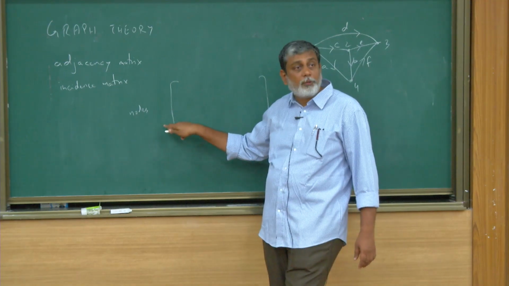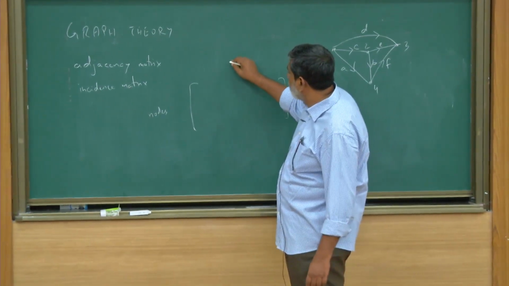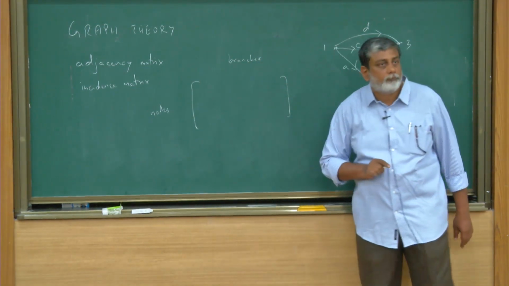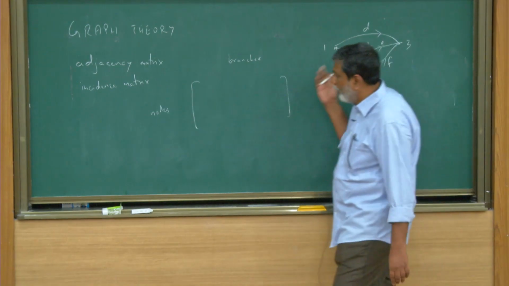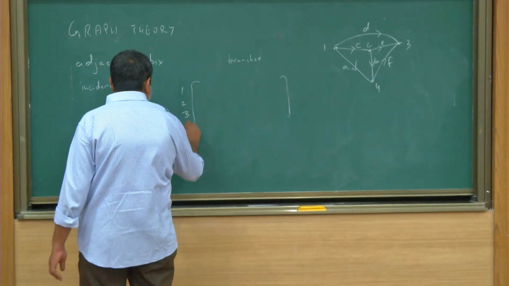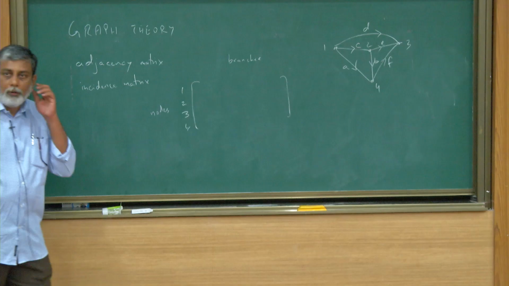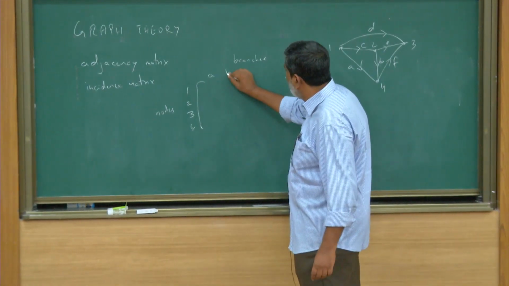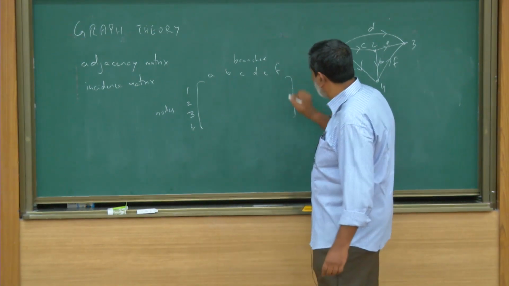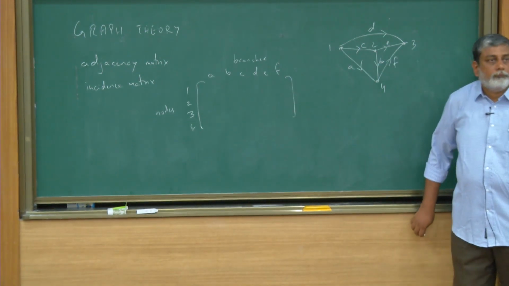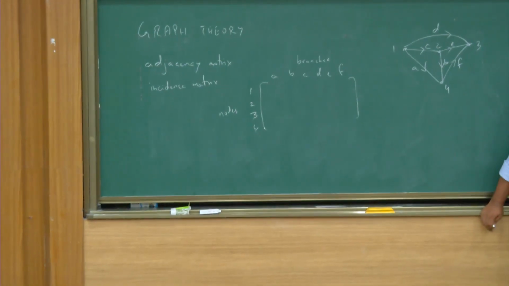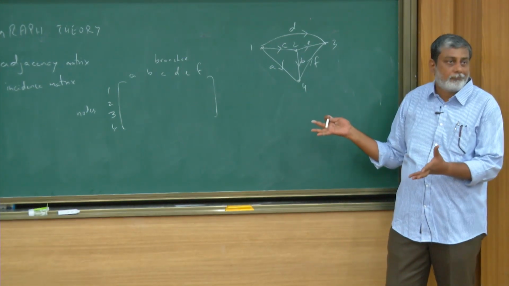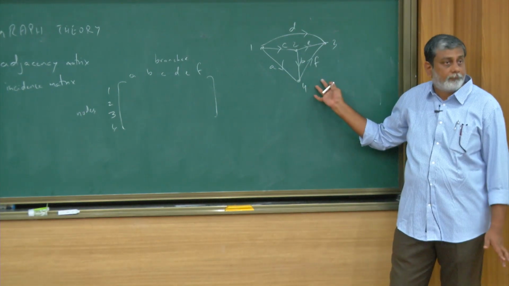The rows correspond to nodes, and the columns correspond to branches. We have 4 nodes, 1, 2, 3, 4, and we have 6 branches which we have labeled A, B, C, D, E, F. I'm going to fill up this matrix with information dependent on this graph.